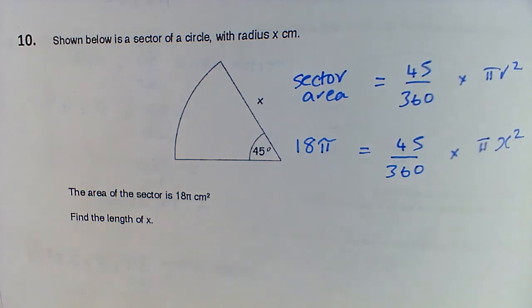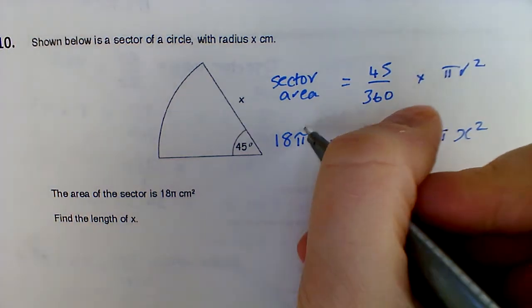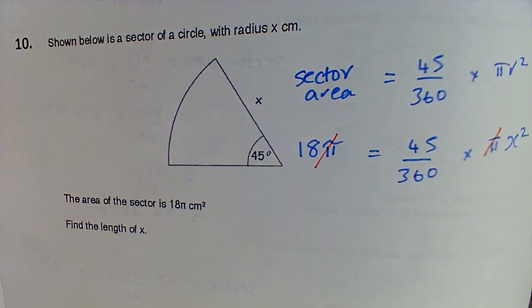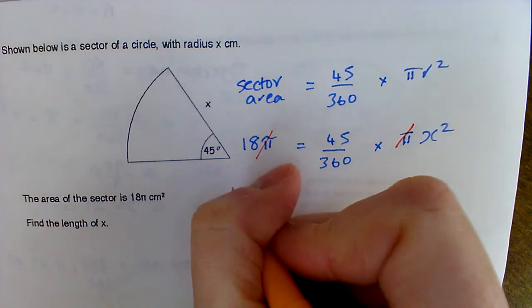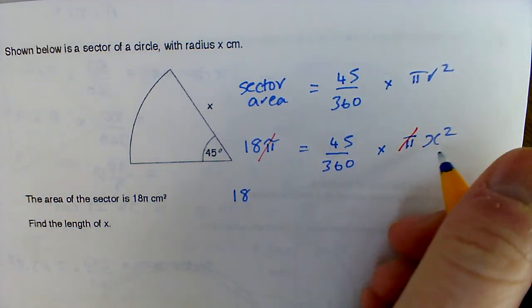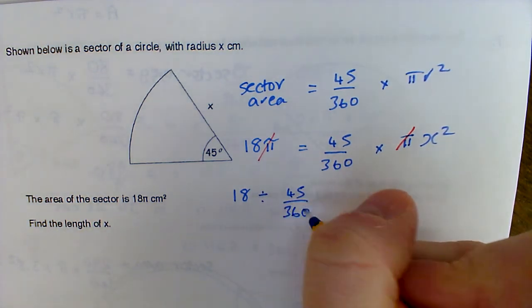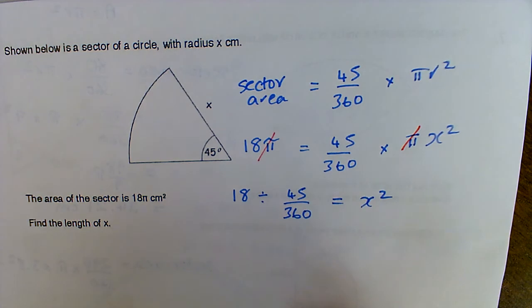So the first thing we can do, hopefully you can see that pi appears on both sides. So we can just cancel it out on both sides, and it means we can forget about it. Okay, so I want to bring this fraction over. It's a multiply by, so I'm going to divide by 45 over 360, and that will give us what x squared is.